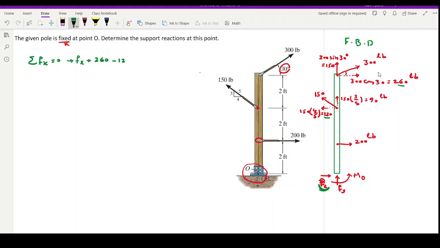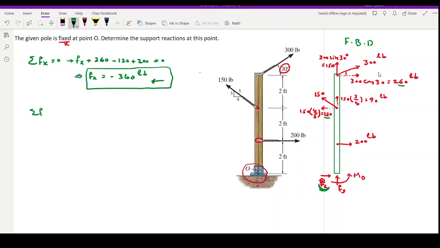Minus 120 plus 200 is 0. From here, Fx is going to be equal to negative 340 pounds. That means that my force is acting in this direction, the opposite direction that I assumed.